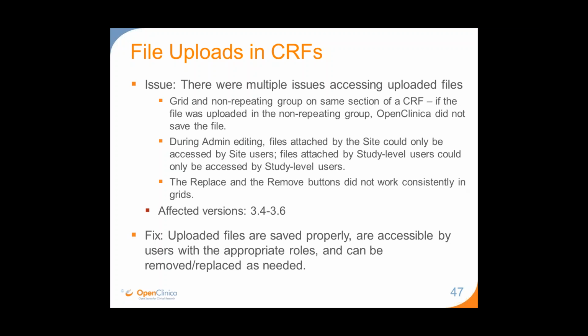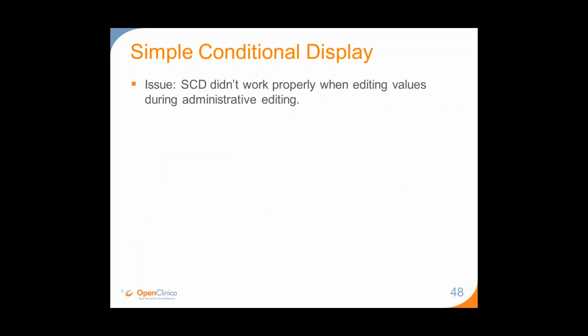So now uploaded files are saved properly, they're accessible by users with the appropriate roles, and they can be removed and replaced as needed. The other issue that was fixed: simple conditional display didn't work properly when editing values during administrative editing. And again, that's any changes once the form is marked complete.